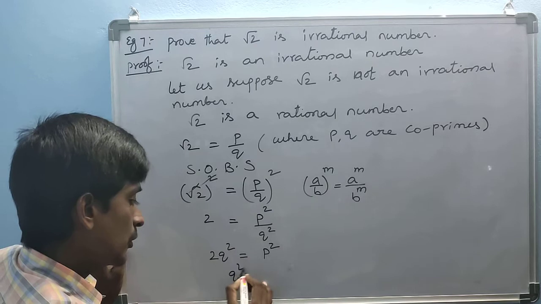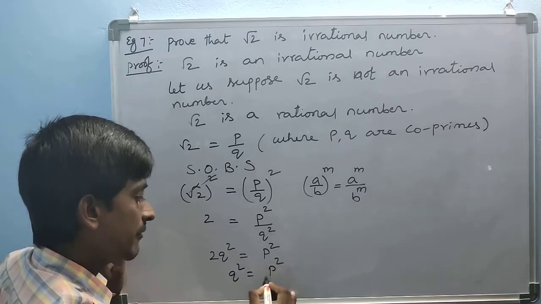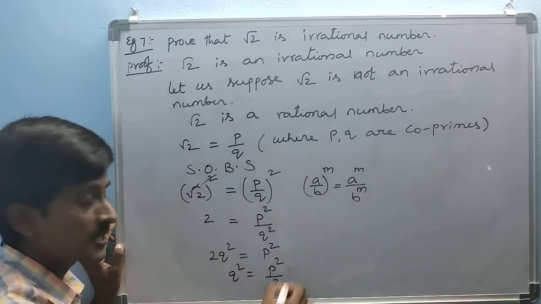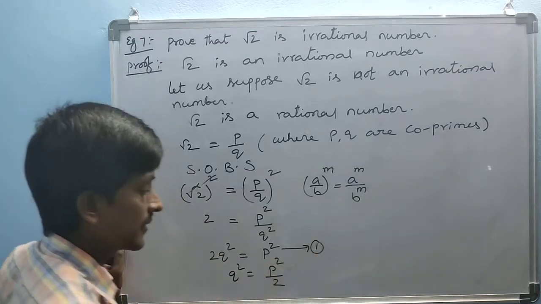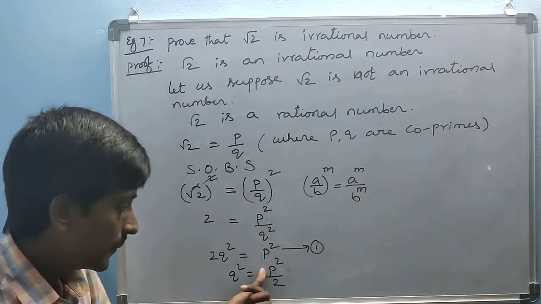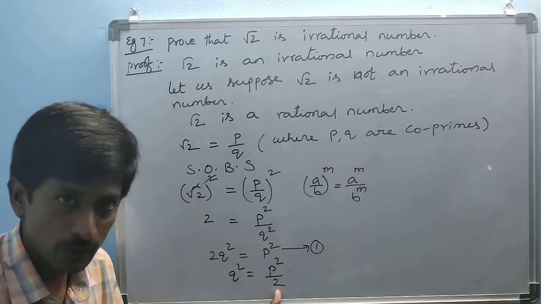Or q square equals p square by 2. 2 is transferred to this side. Okay, you will take this as the first one. Okay, p square is divisible by 2.